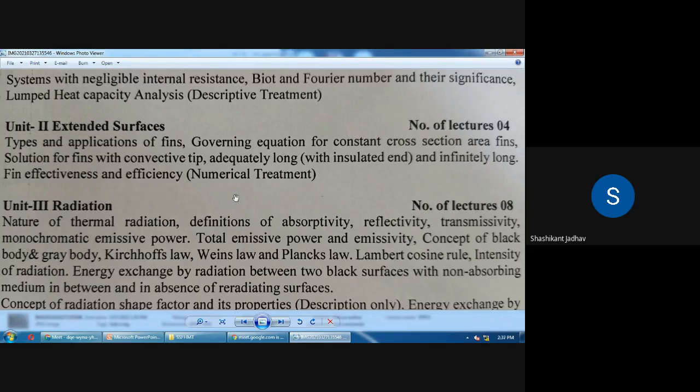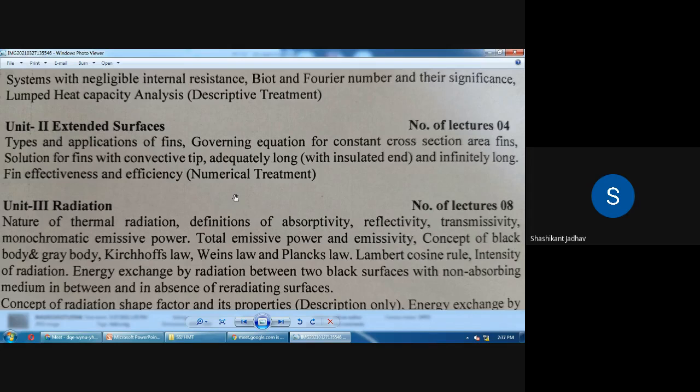In case number 3, if at one end there is heat transfer because of convection, means the convective tip is there. For these three cases we have to derive the equations, and by using those equations we calculate the different values.